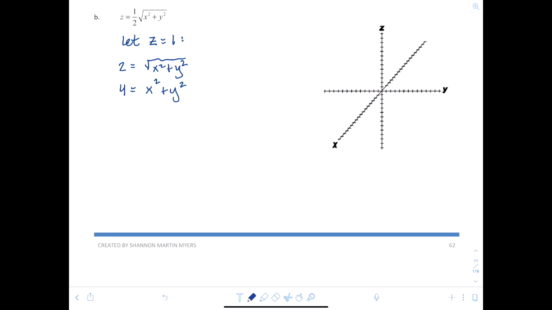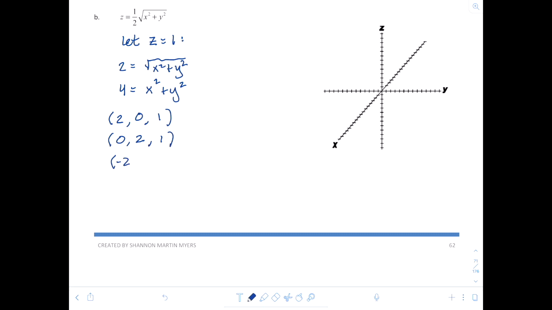So here, what ordered pairs might we have? If x was 2, y would have to be 0, and z is still 1. If x was 0, y would have to be 2 or negative 2, right? And z would be 1.